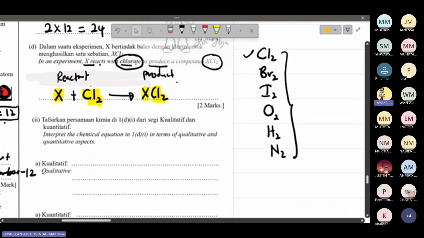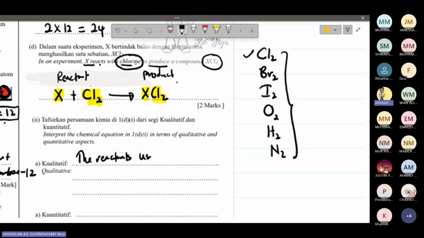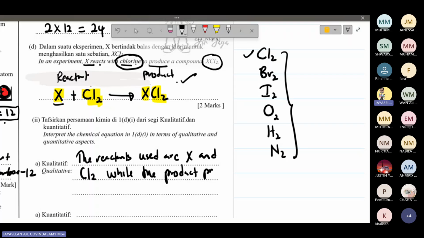Qualitative means, you put here the reactants used are X and Cl2, or you write down the name, while the product produced is one product, XCl2. You already score 1 mark. That is qualitative. Any question? What is reactant? What is product?